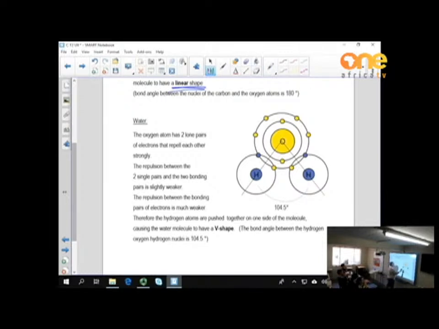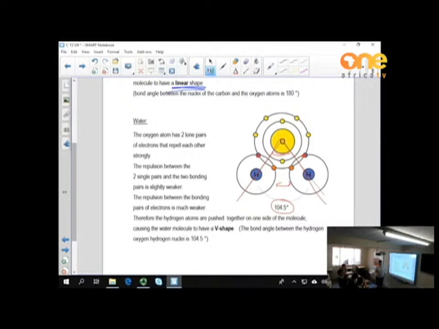The repulsion between this bonding pair and that bonding pair is very weak, so they can't repel each other very strongly. And as a result of that, we find that the bond angle over here is going to be 104.5 degrees. Now you need to remember the size of the angle.